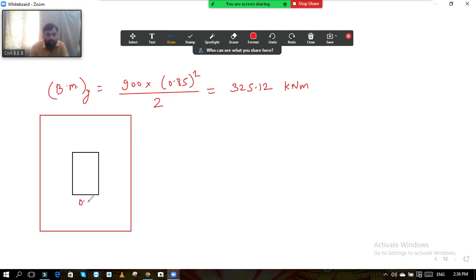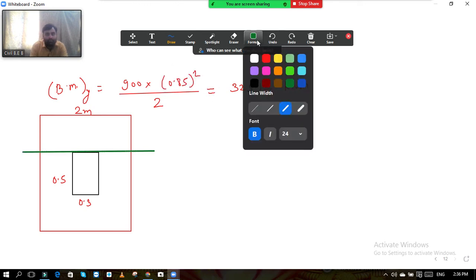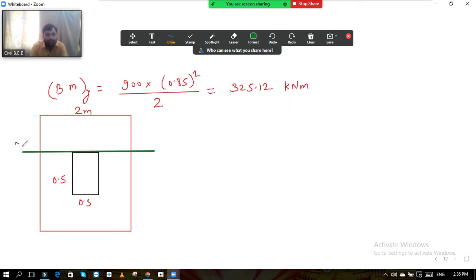So here it is 0.3. This is 0.5. This is 2 meter. And now the critical section I will draw over here from the face of the column. So this is our x-axis. This is x.